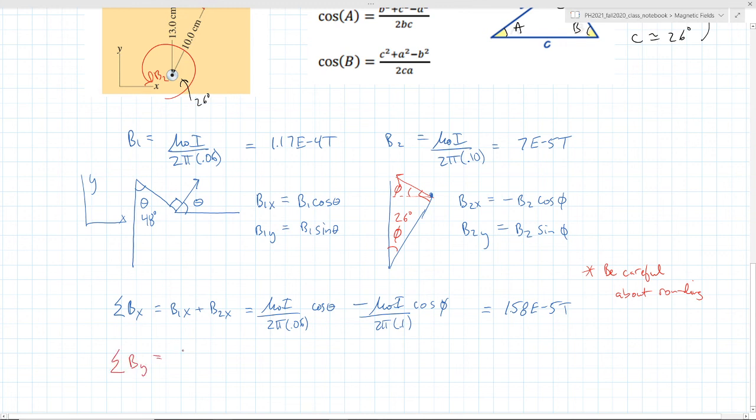We're almost there. So the pieces in y, we have the contribution from B1, the contribution from B2. That'll look like mu naught I over 2 pi times our sine of phi. And we'll add to that the other piece.